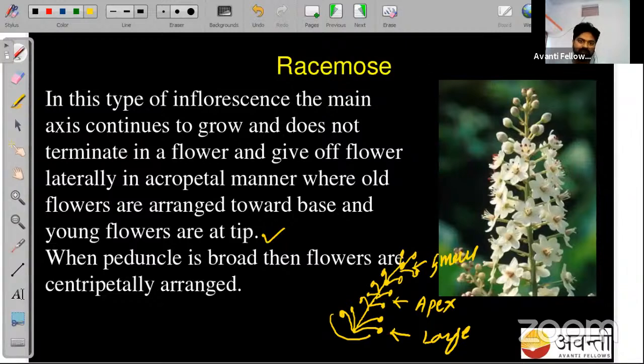In the centripetal case, the attachment is on the inner side.